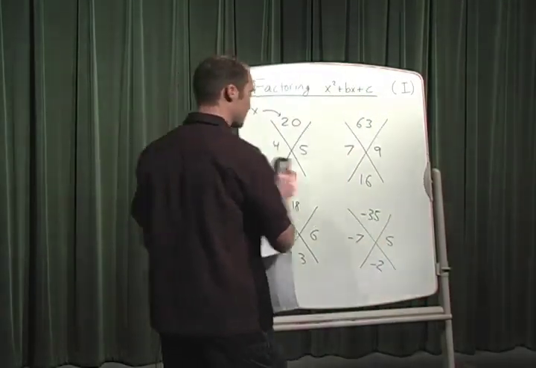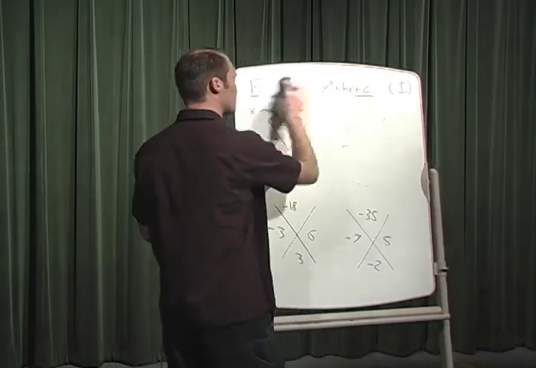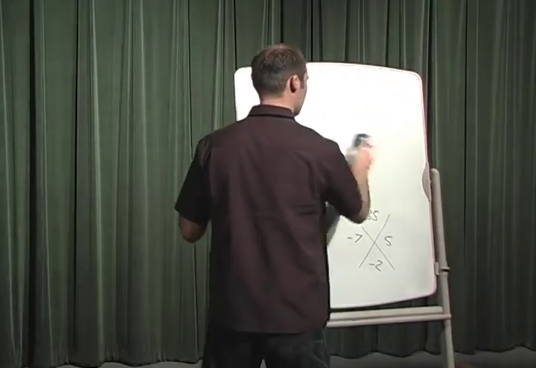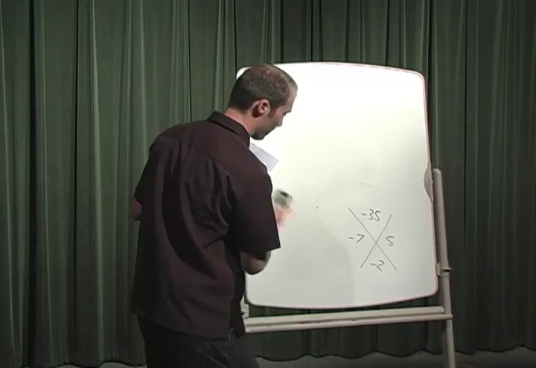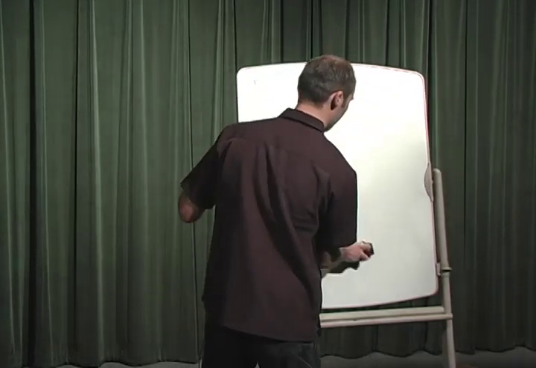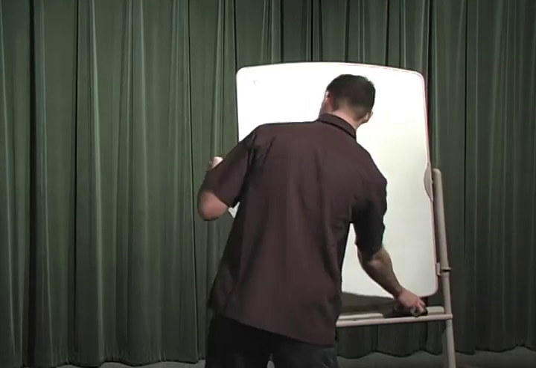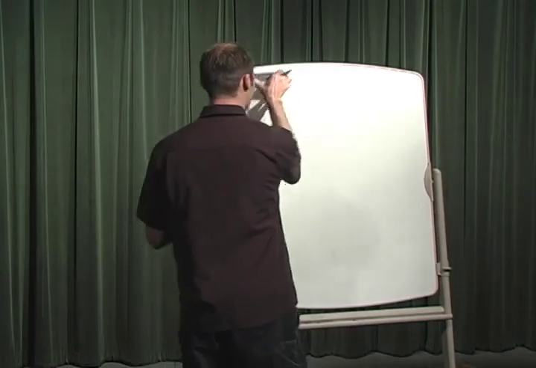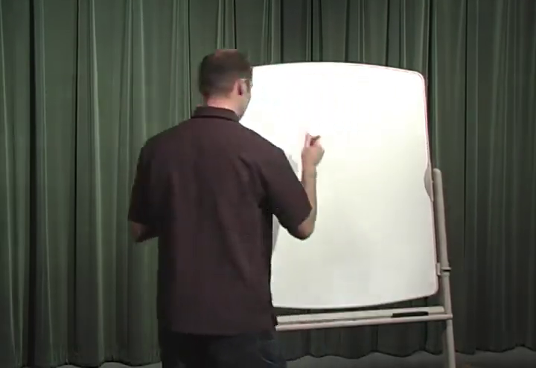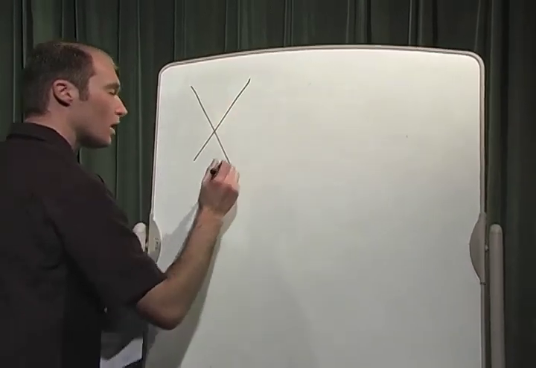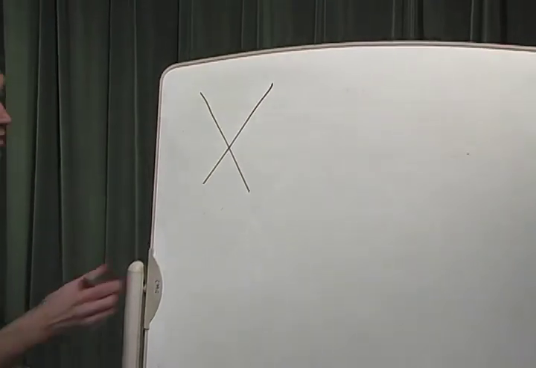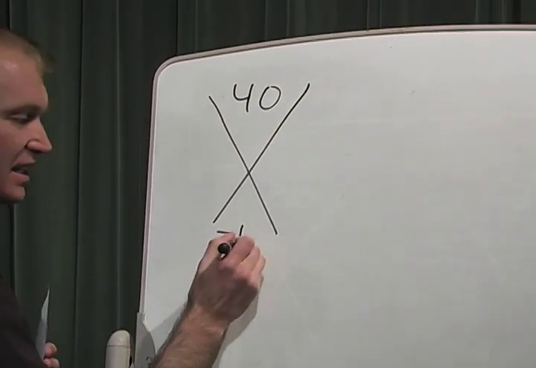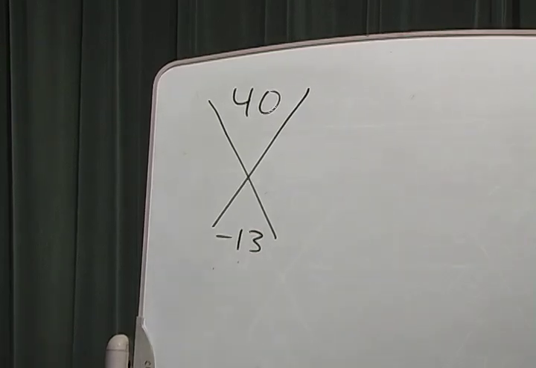I'm going to erase the board to give myself some space. I'm looking for two numbers that multiply to 40 and that add to negative 13.